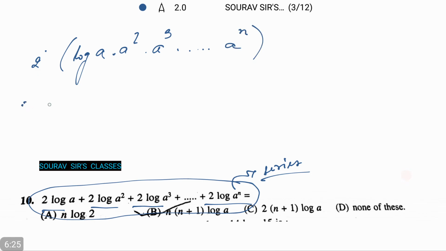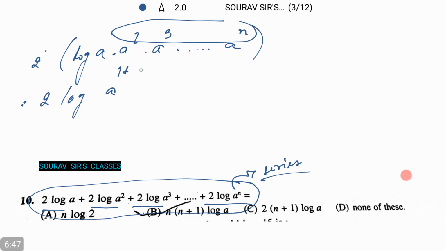And when we evaluate this, we have 2 into log a, and we just add all these powers. Since in multiplication of the same base we add the powers, this is a simple law of exponents.